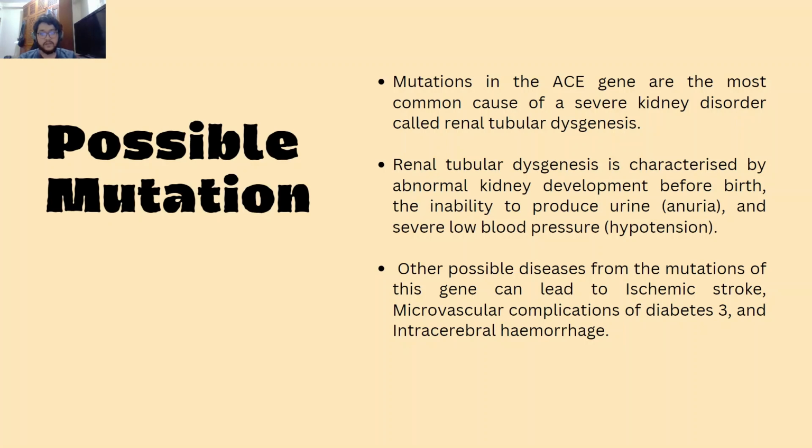Renal tubular dysgenesis is characterized by abnormal kidney development before birth, the inability to produce urine, and severe low blood pressure. Okay, other possible diseases from mutation of this gene include ischemic stroke, microvascular complications of diabetes 3, and intracerebral hemorrhage.